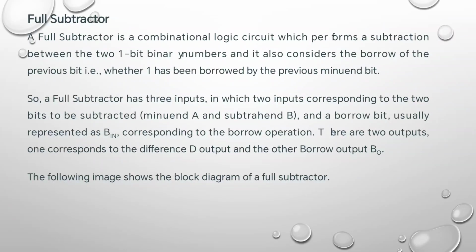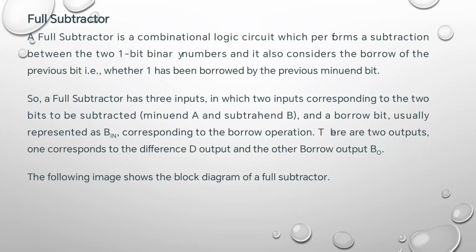Full subtractor. A full subtractor is a combinational logic circuit which performs a subtraction between two 1-bit binary numbers, and it also considers the borrow of the previous bit, whether one has been borrowed by a previous minuend bit.